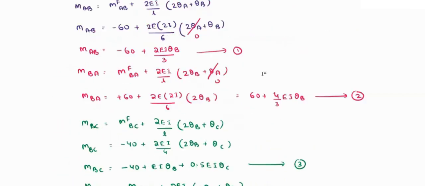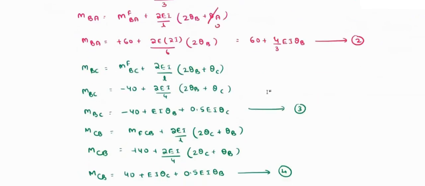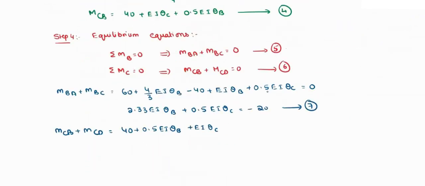So we know that, just we'll go here. So MCD is nothing but the moment that is going to be developed at this portion. So what is the moment that is developed at this portion? 40 into 2 kilonewton meter. So MCD will be equal to minus 80 kilonewton meter. So here I am going to write MCD equals minus 80 equals 0.